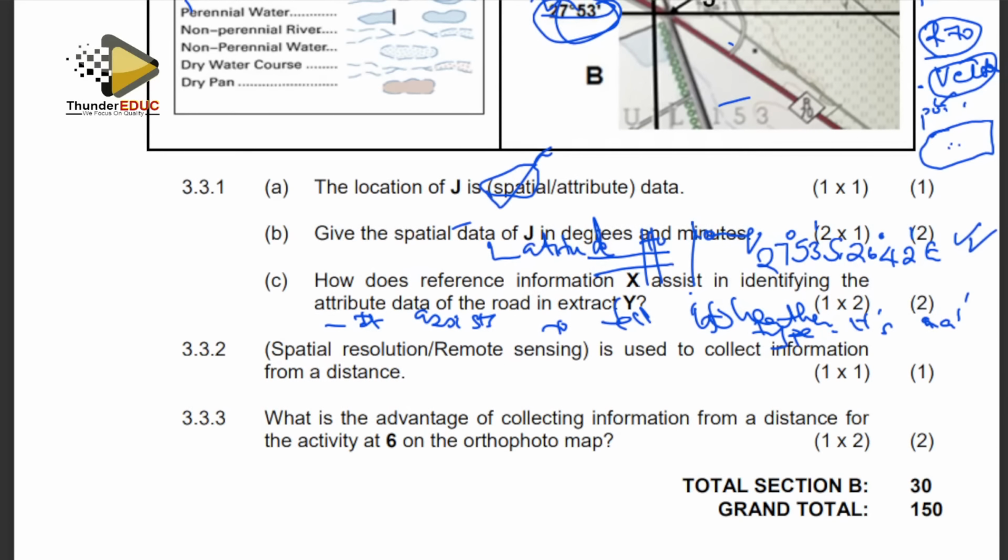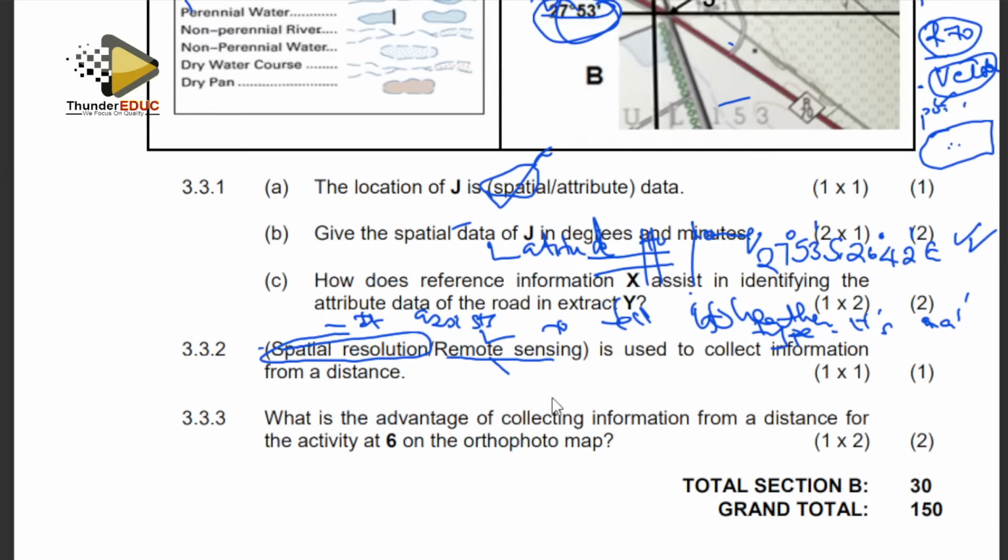Spatial resolution or remote sensing is used to collect information from a distance. I think, learners, you must know these definitions by now. With spatial resolution, we are looking at the electromagnetic spectrum. Then we look at remote sensing. Remote sensing is the only answer that is right. What is remote sensing? Remote sensing is the acquisition of geographical data about the Earth's surface without being in contact with it, or from a distance.